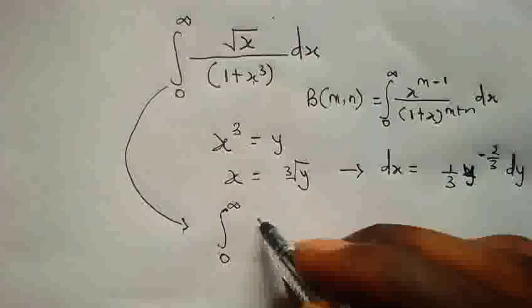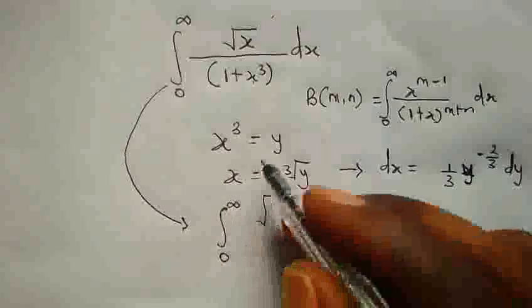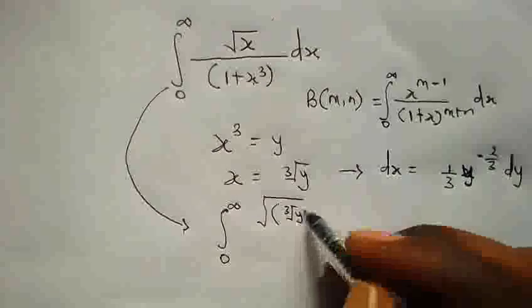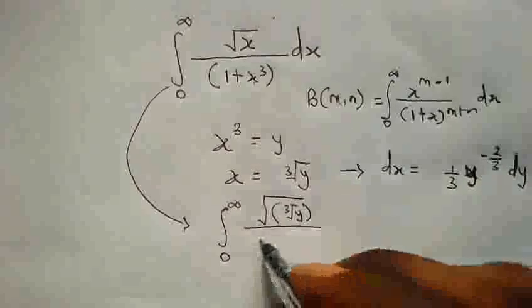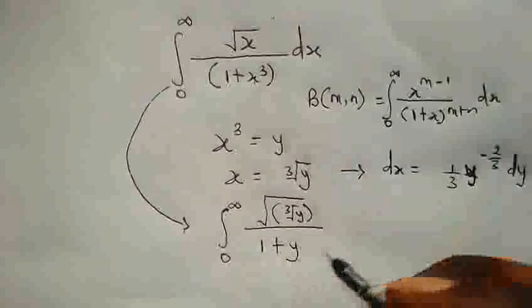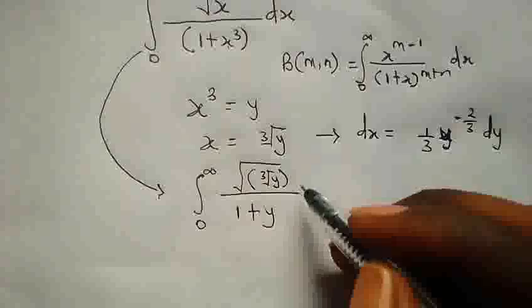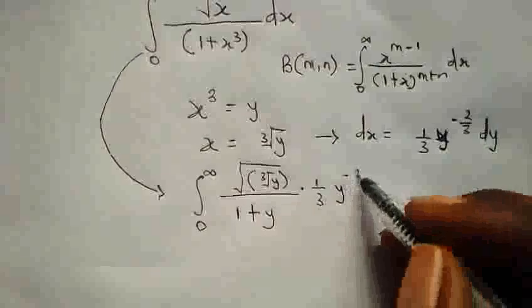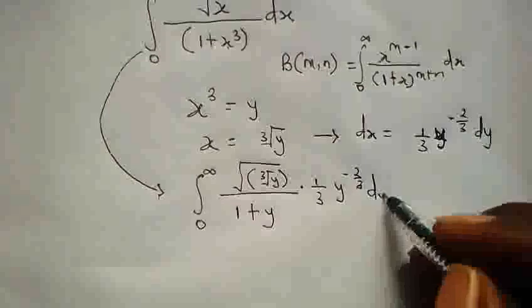So we are going to have the square root of, instead of x, in brackets the cube root of y, all over 1 plus y, then our dx is equal to 1 over 3 y raised to negative 2 third dy.